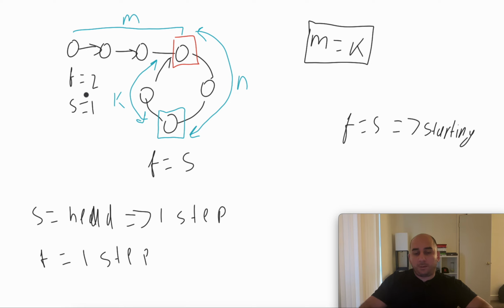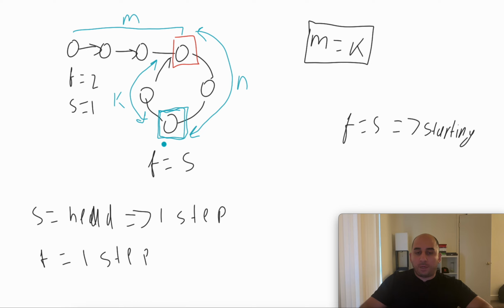Again, the first thing that we are doing, we are initiating two variables, fast and slow. Okay, there is a circle. Let's say that they meet here, and then we set the slow pointer to the head, and keep the fast pointer.